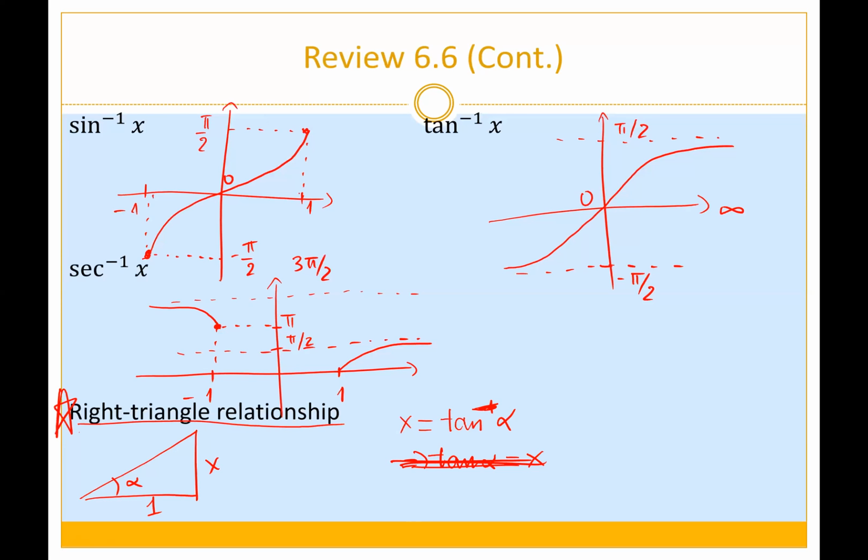Sorry, I think I said it wrong in the previous part as well. So when you assume x as tangent alpha, this is what you have, and your hypotenuse is going to be the square root of x squared plus 1. So this is the right triangle.